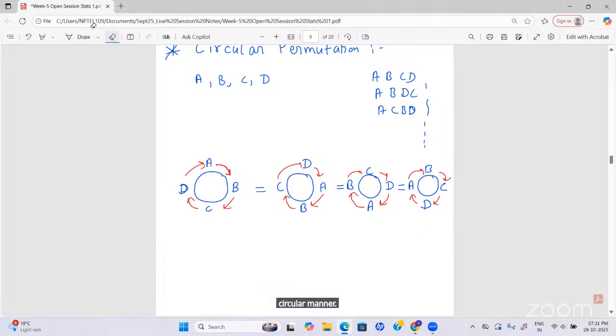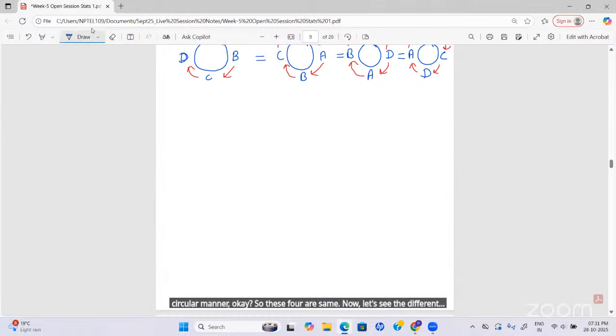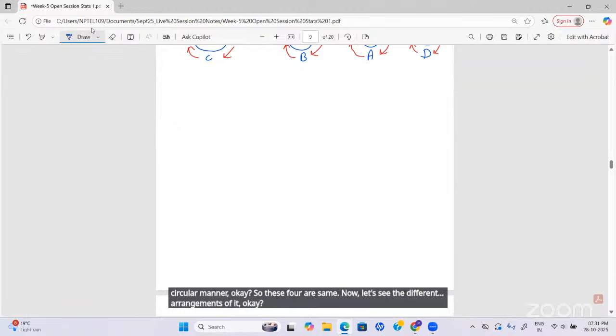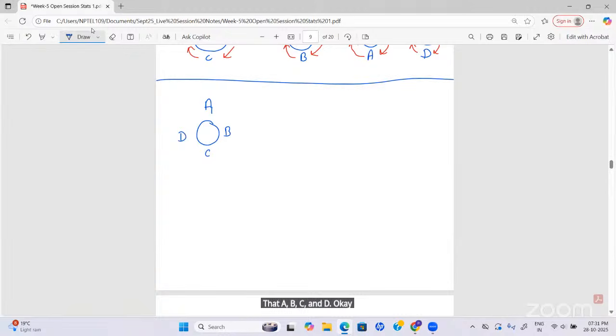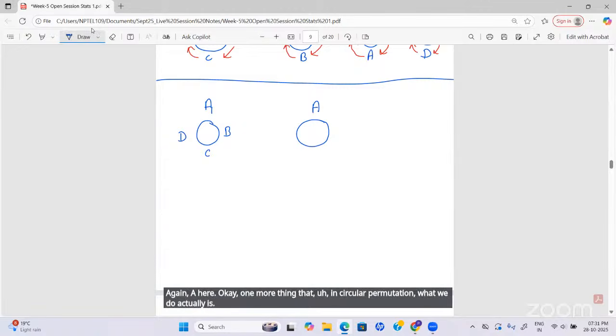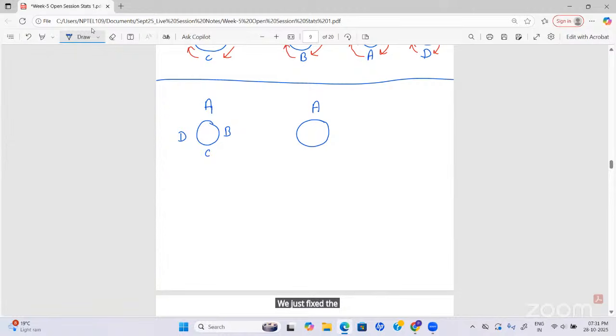So these four are the same. Now let's see the different arrangements. This is one case which we have already seen: A, B, C, and D. Next can be again A here. One more thing: in circular permutation, what we actually do is fix the position of one element.